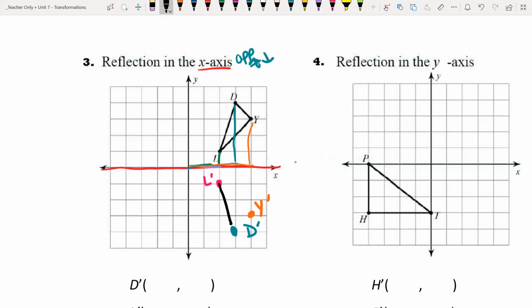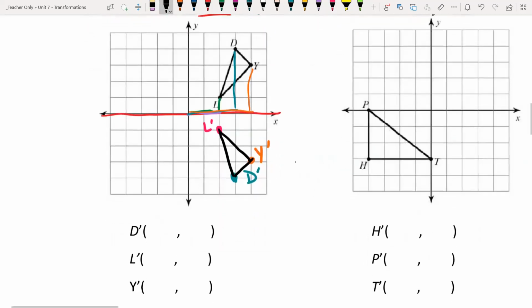I'm going to connect those here, here, and here. So now let's write these ordered pairs. L is 2, -1. D is 3, -4. And Y is 4, -3.